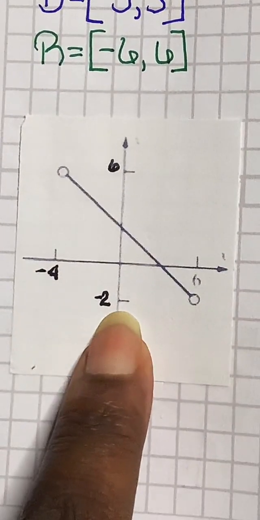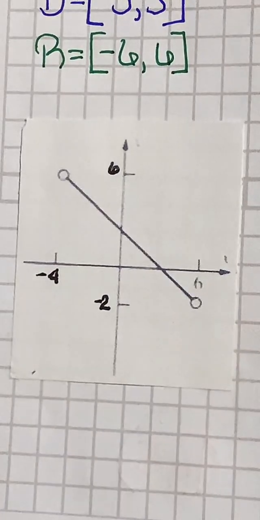That's a negative 4, a negative 2, and a positive 6.